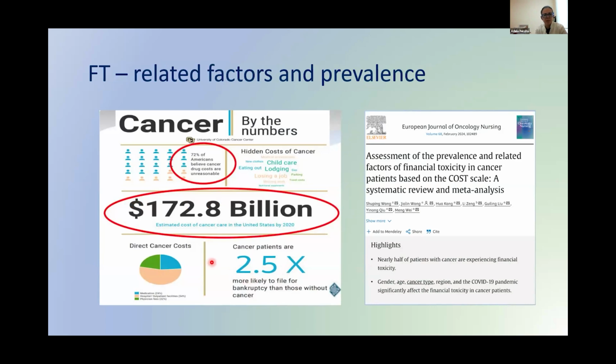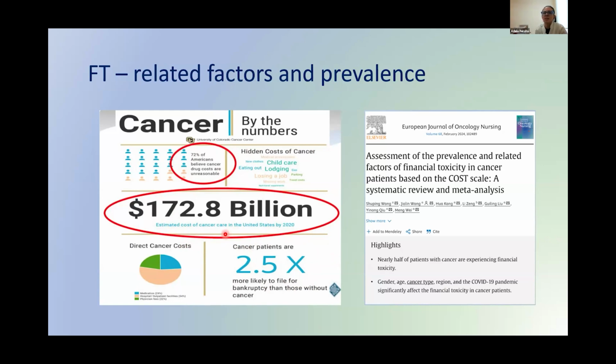About the prevalence, if you see here, the direct cancer cost for cancer patients is about billions. We are speaking about billions of money spent. And this is the cost of cancer care in the United States, evaluated in the year 2020.